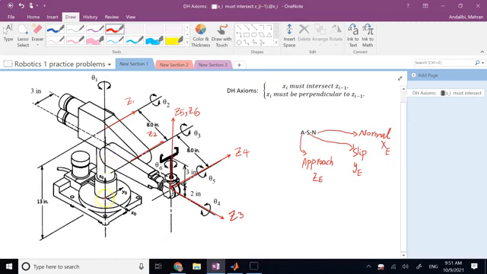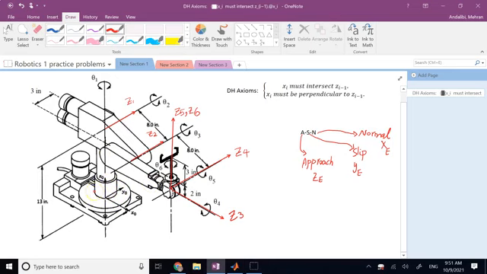So here we chose it to be at the bottom of the joint, and X0 and Y0 we selected this way. As long as they form a right-handed system, we are okay. So frame 0 is already given to us. That's not a big problem, but we could select it anywhere conveniently.